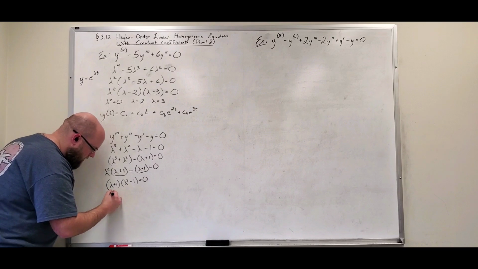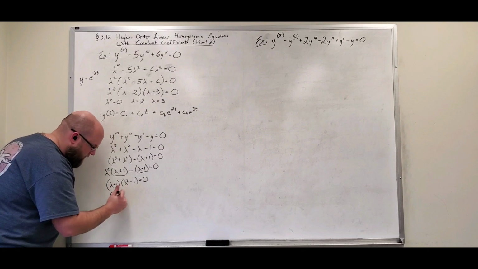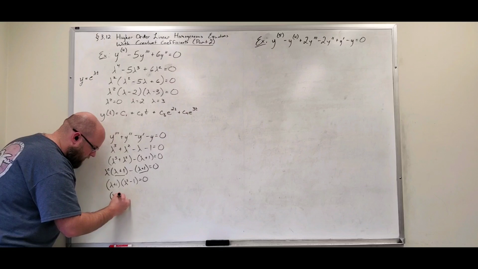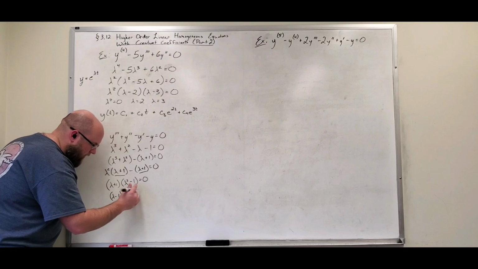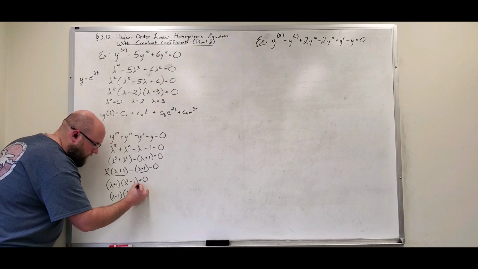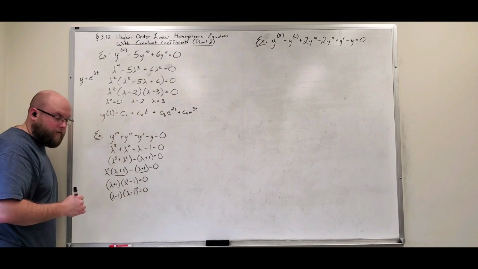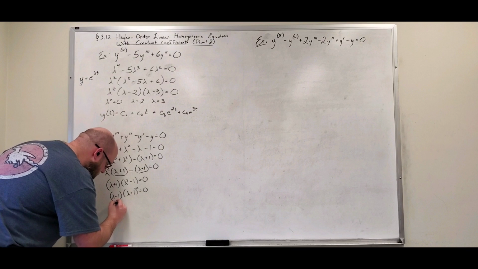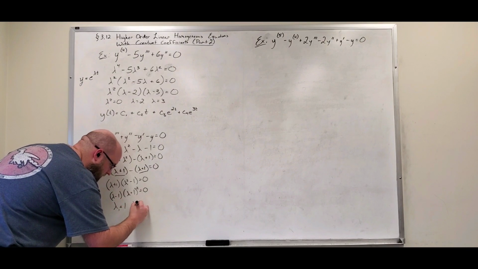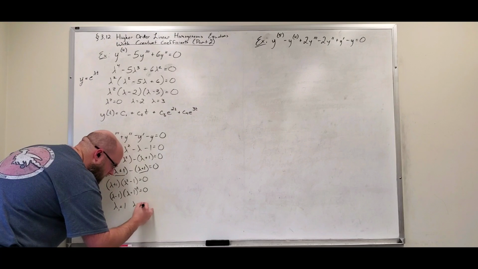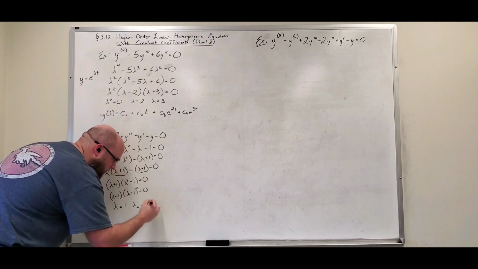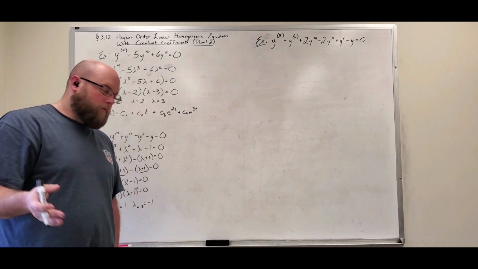Well, notice, if I factor this further down, I am going to get lambda minus 1, lambda plus 1 out of this one, and a lambda plus 1. So notice I do get a repeated root out of this. So therefore, I have lambda 1 is equal to positive 1, and lambda 2 and 3 is equal to negative 1. Okay, so I have a repeated root.